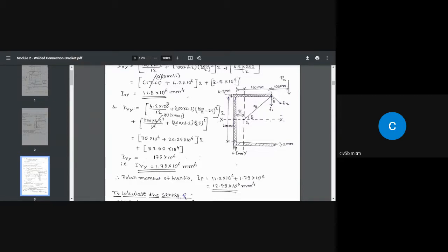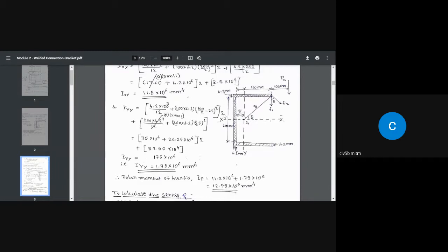Okay, coming to the Iyy value. The moment of inertia of the whole area about this vertical axis is given by the moment of inertia of this about its own parallel centroidal axis, which is 4.2 multiplied by 100 cube by 12, plus, now we need the moment of inertia about this axis, for which we need to apply the parallel axis theorem: plus the area of this, which is 100 multiplied by 4.2, and the square of the perpendicular distance between the centroidal axis of this weld and the main centroidal axis, which is 50 minus 25, that is 25 square.